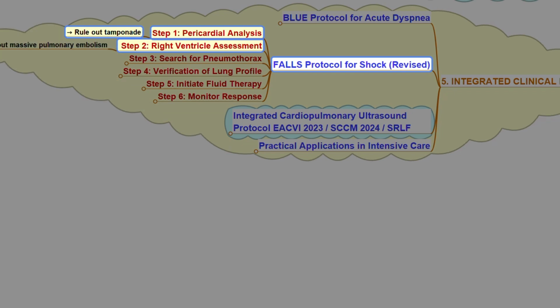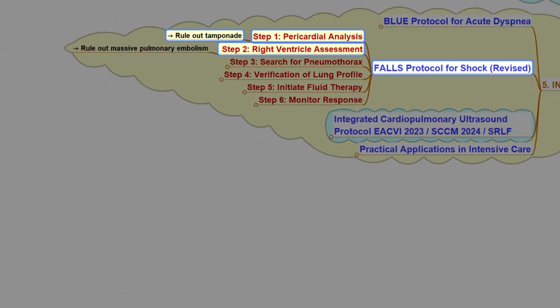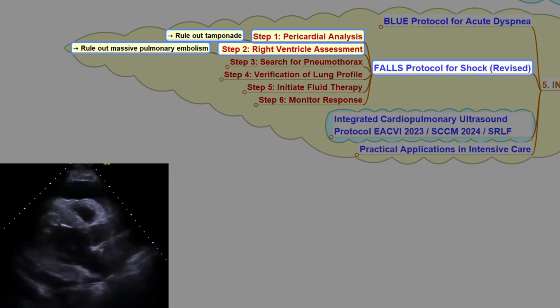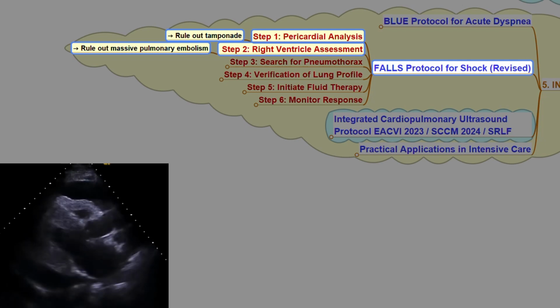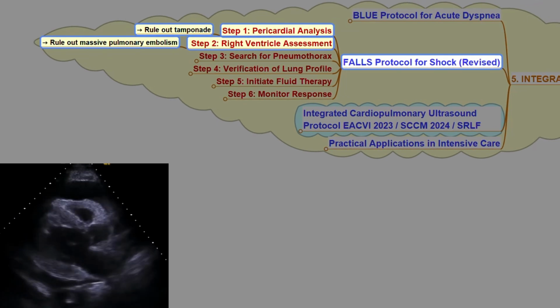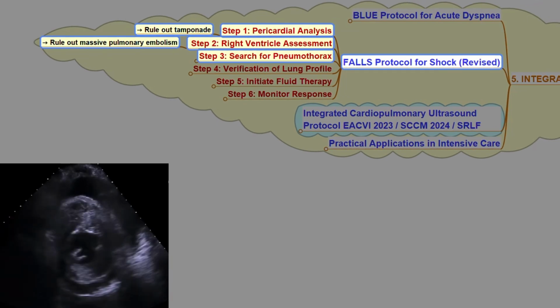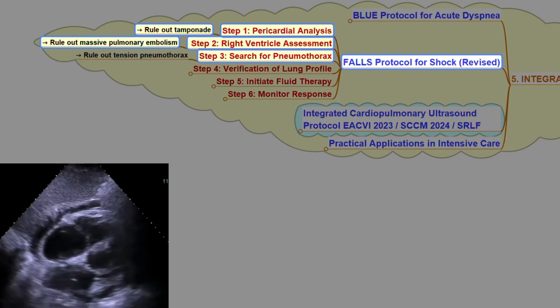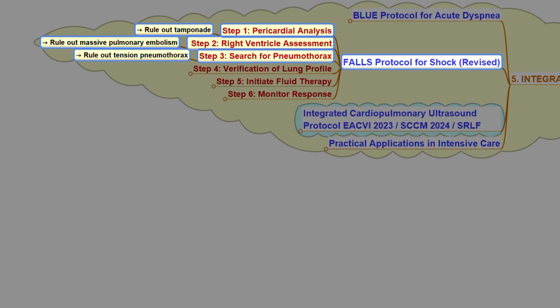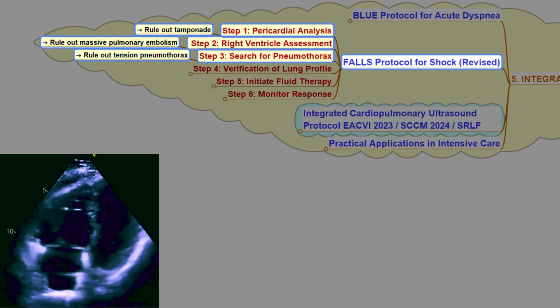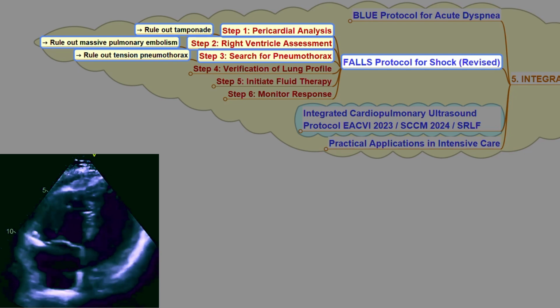Step 1, pericardial assessment to rule out cardiac tamponade: pericardial effusion with chamber collapse or paradoxical septal motion. Step 2, RV evaluation to rule out massive pulmonary embolism with dilated RV, paradoxical septal motion, or McConnell sign.